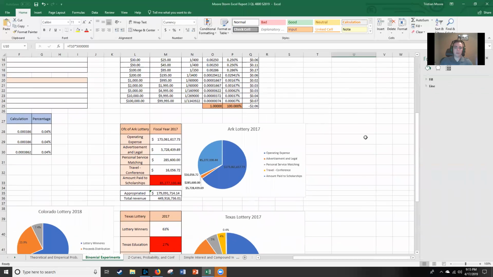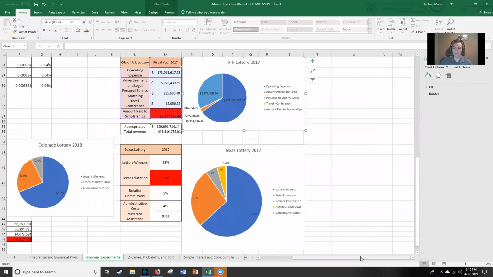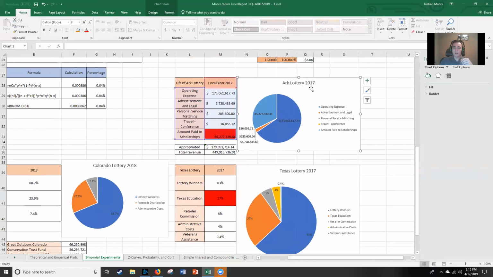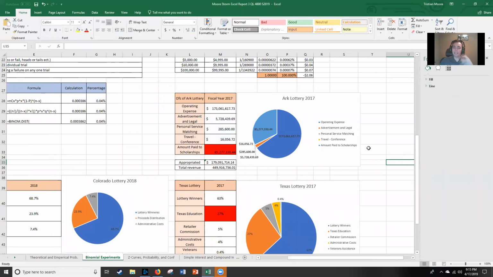And so now I wanted to talk about the Arkansas Lottery and our other 3 states here that we have in here. Arkansas Lottery has an operating, so I couldn't find any exact numbers.